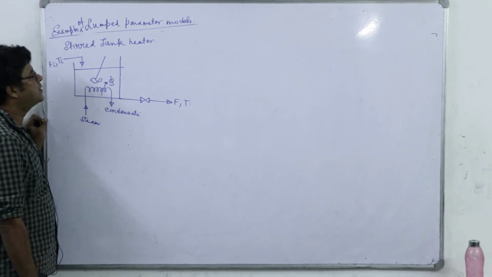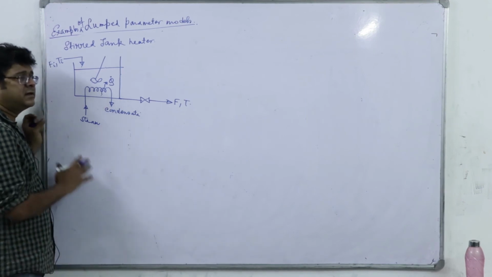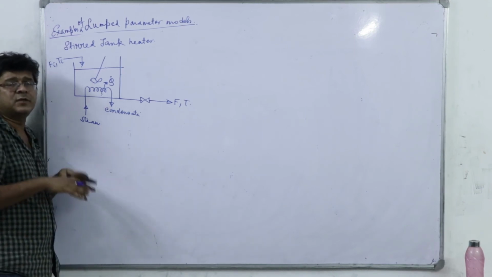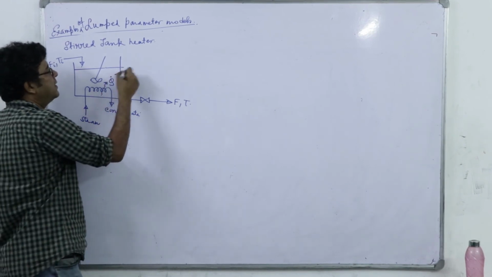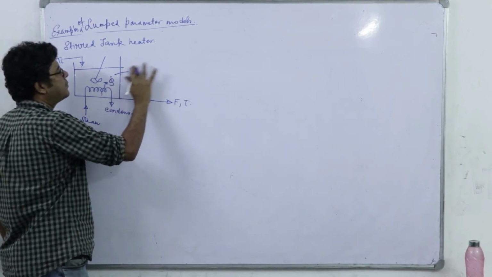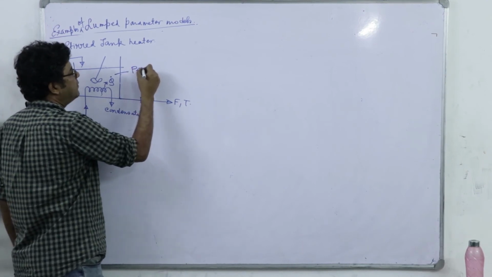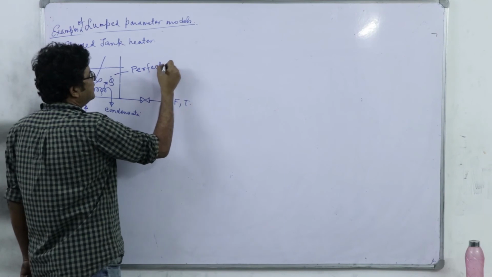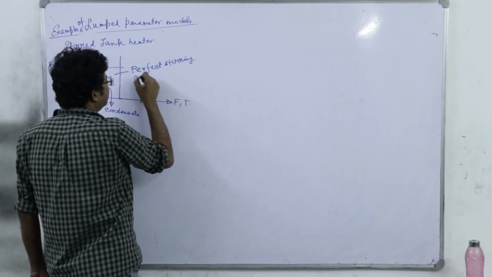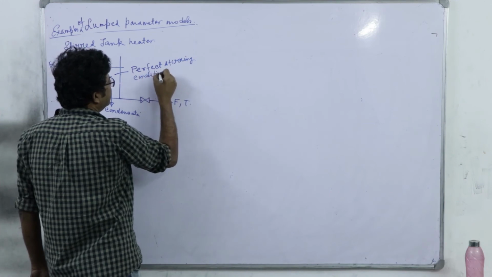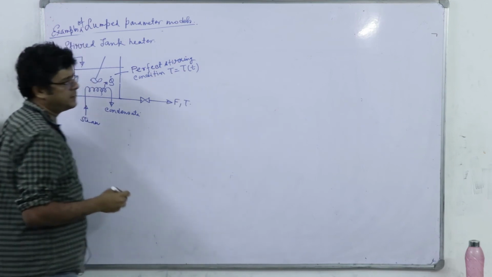But if I go for a theoretical limiting approximation that the stirrer is so efficient that it homogenizes the thermal state of the liquid, then under the assumption of perfect stirring, T is only a function of time, not of space.